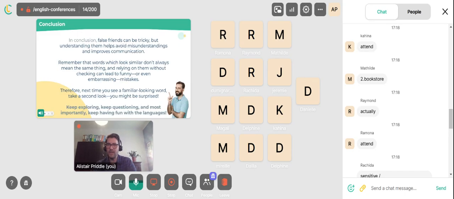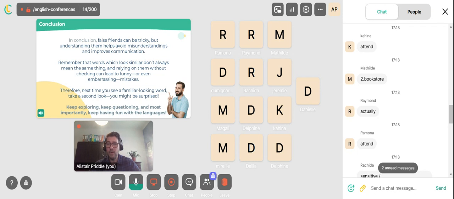Okay, well, continuing here then, we're going to just check our conclusion for the lesson before we finish today. So in conclusion, false friends can be tricky, but understanding them helps avoid misunderstandings and improves communication.